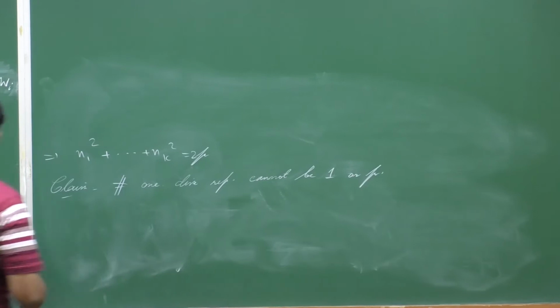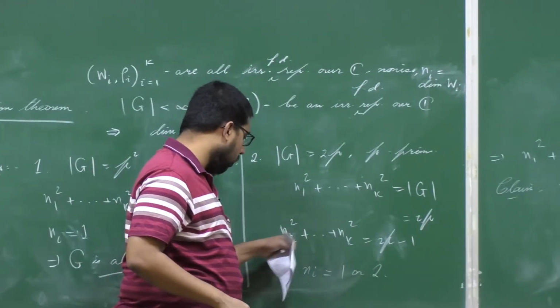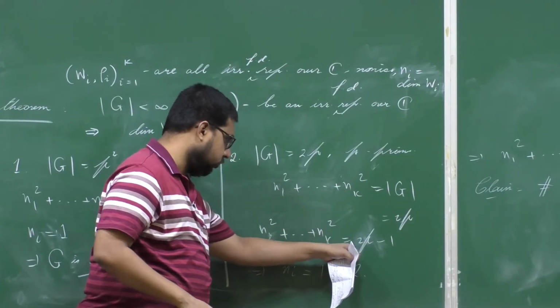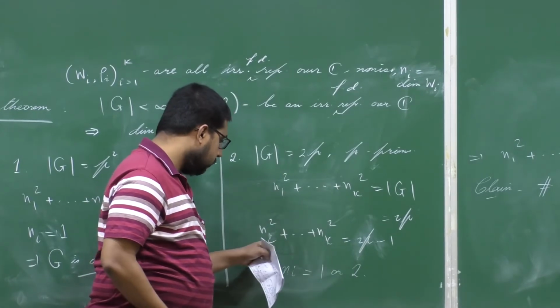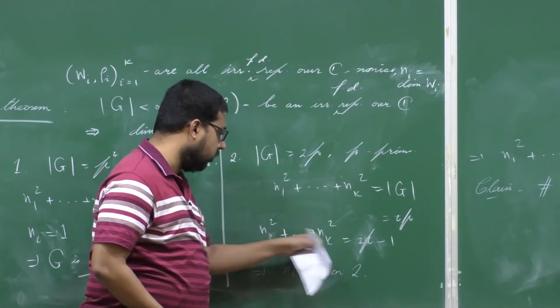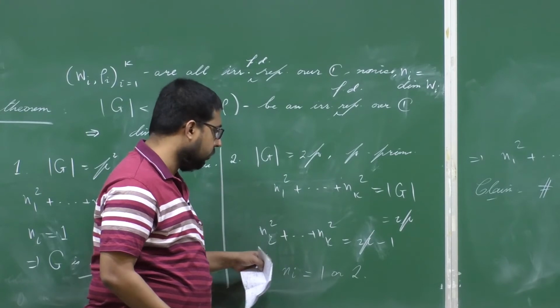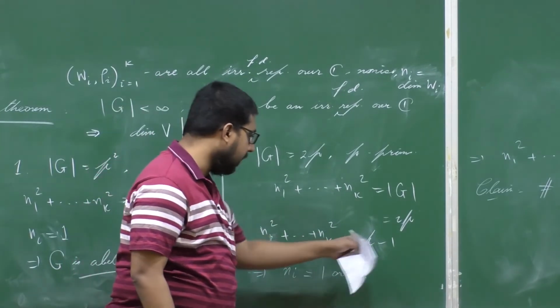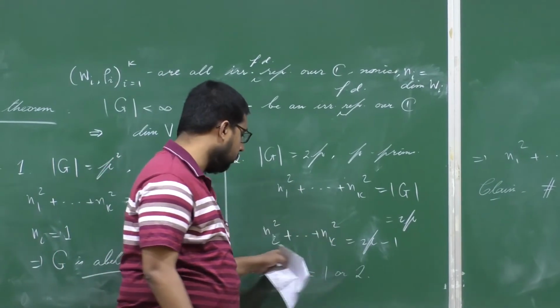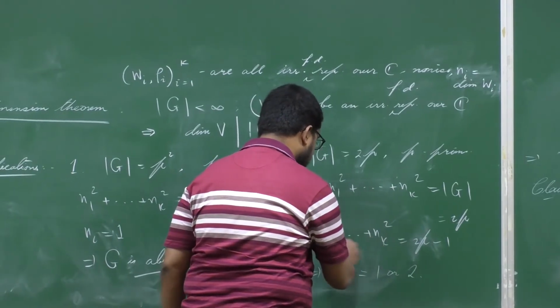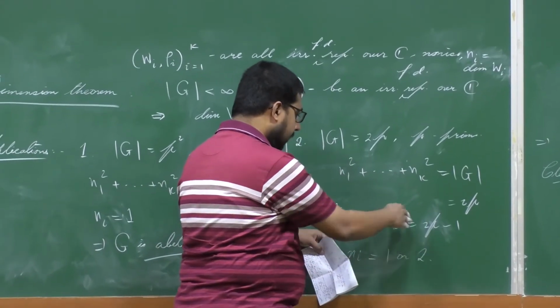This is 2p minus 1. So k cannot be 1, because p is a prime and this is at least 3, so k has to be greater than 1.